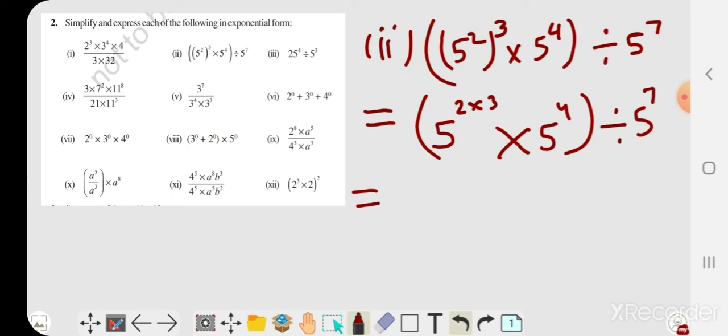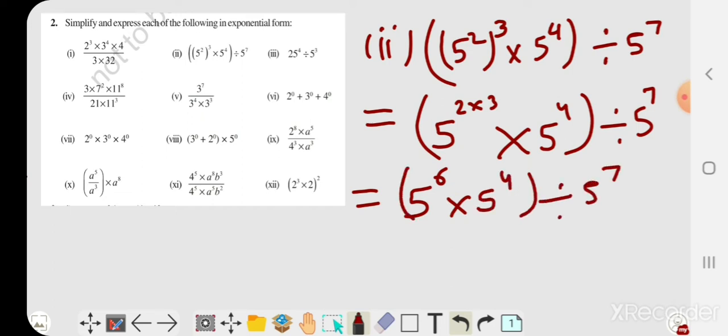Again 5 raised to power 2 into 3, 6. 5 raised to power 6 into 5 raised to power 4 divided by 5 raised to power 7. Now all are in the form of 5 to the power. So here bases are same but powers are different. Let's follow the identity or the law first and second.